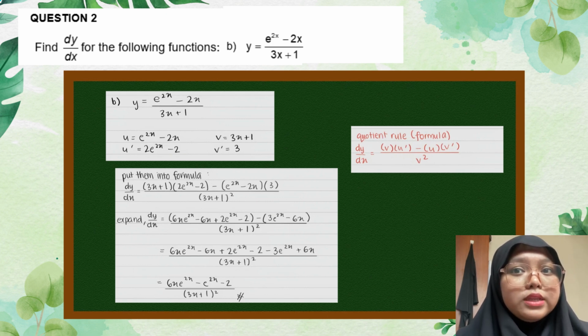And then we need to expand them, and we will get 6x e to the power of 2x minus 6x plus 2e to the power of 2x minus 2 minus 3e to the power of 2x minus 6x. And then we need to calculate it, and then we will get 6x e to the power of 2x minus e to the power of 2x minus 2 over 3x plus 1 to the power of 2.